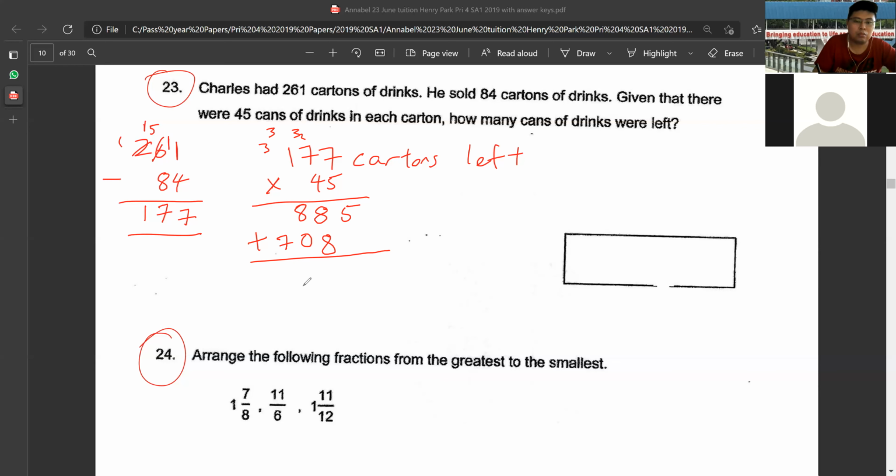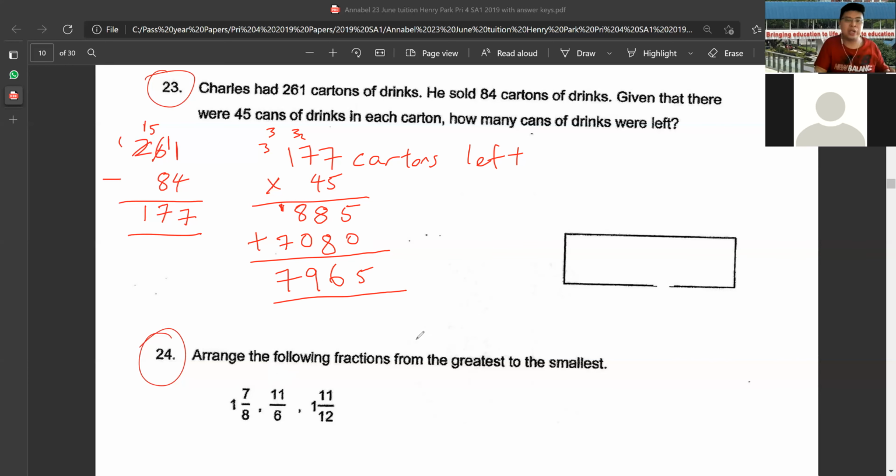Then you add. What do you have? 0, 5. And 8 plus 8 is 16. Then 8 plus 1 equals 9. Then put 7 there.